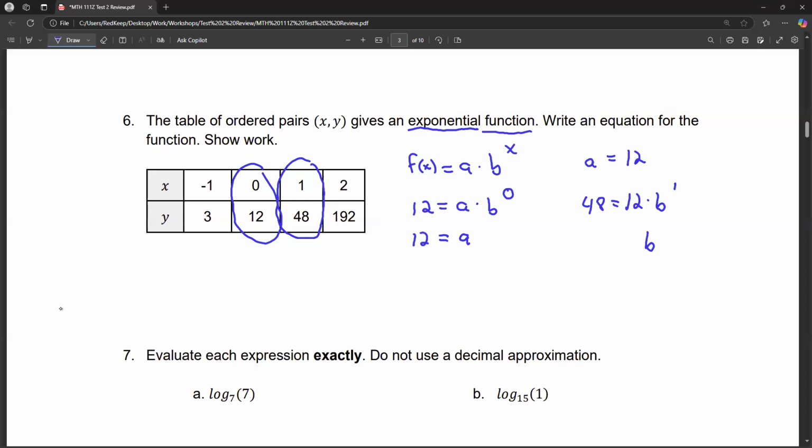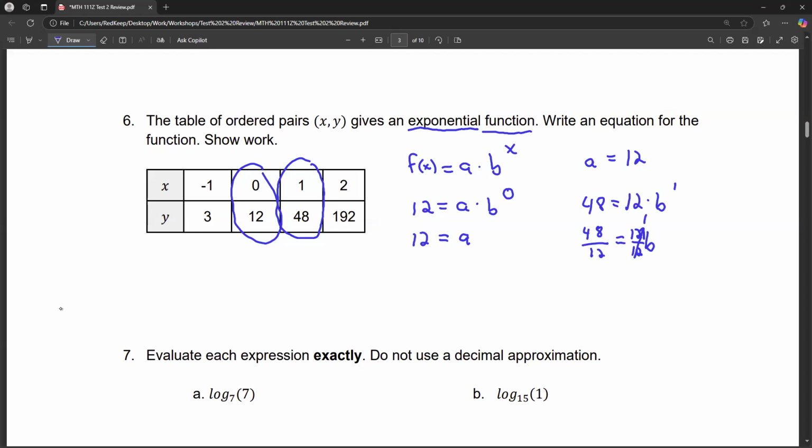And so b is just being multiplied by 12 on the right-hand side. I want to know what b is, so I'm going to divide both sides by 12. So this is 48 divided by 12. And again, I would have 12 over 12 over here as well, but that's just equal to 1.